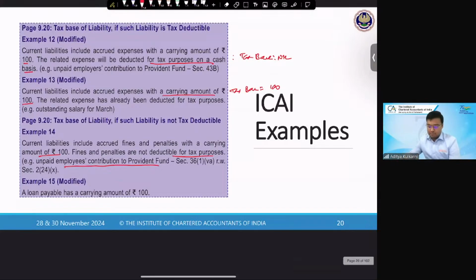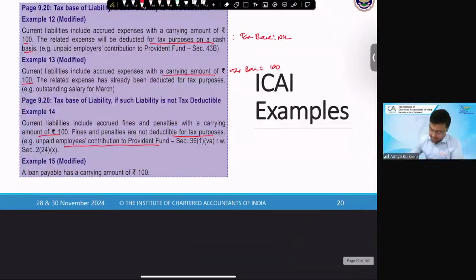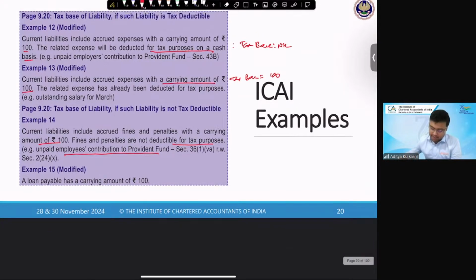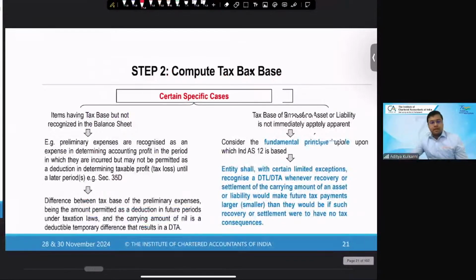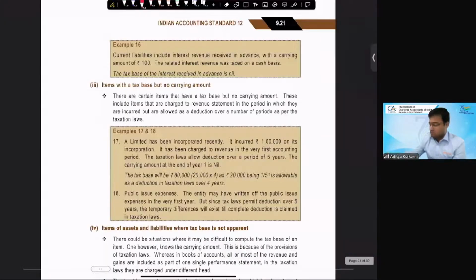Okay. Now there are some special or specific items that we have. Items that have a tax base but are not recognized in the balance sheet.